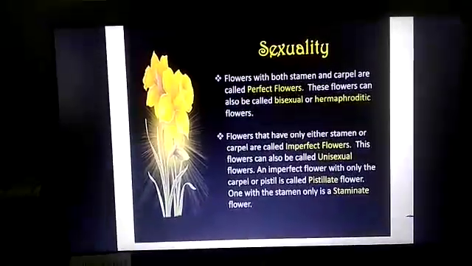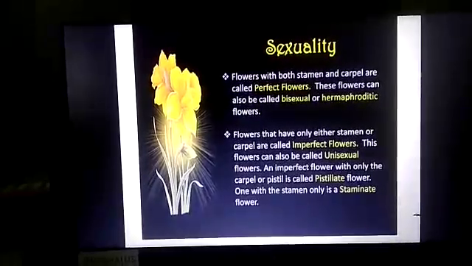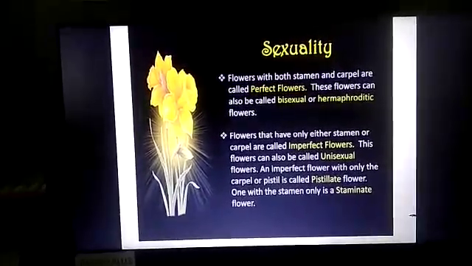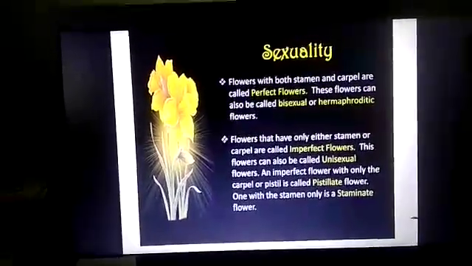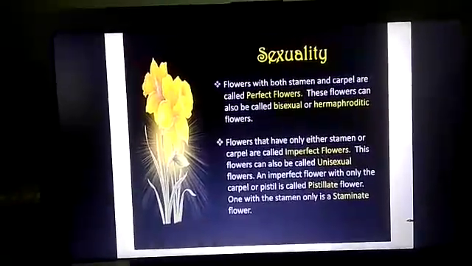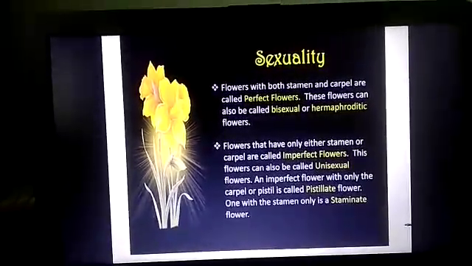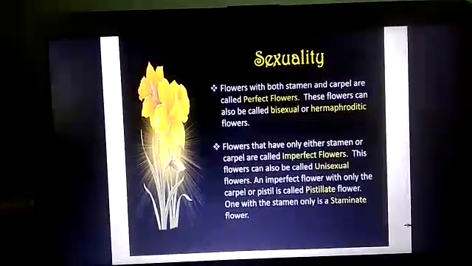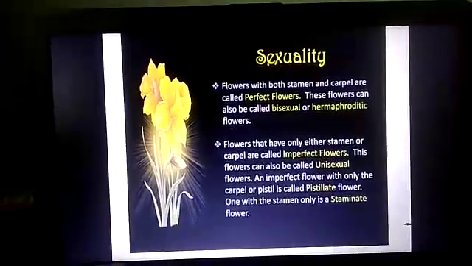A unisexual flower which contains only the stamen is called a male or staminate flower. A flower which contains only carpels is called a female or pistillate flower. Next is the neuter flower, a flower in which both male and female reproductive organs are lacking.